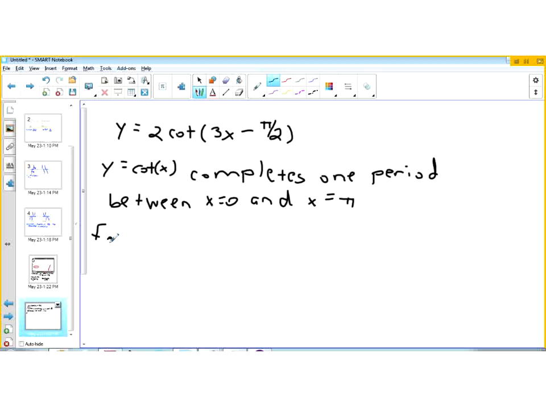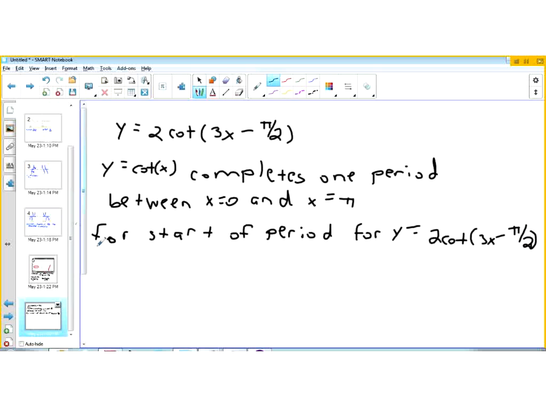For the start of the period, for y equals 2 cotangent of 3x minus pi halves, we set 3x minus pi halves equal to 0 and solve for x.